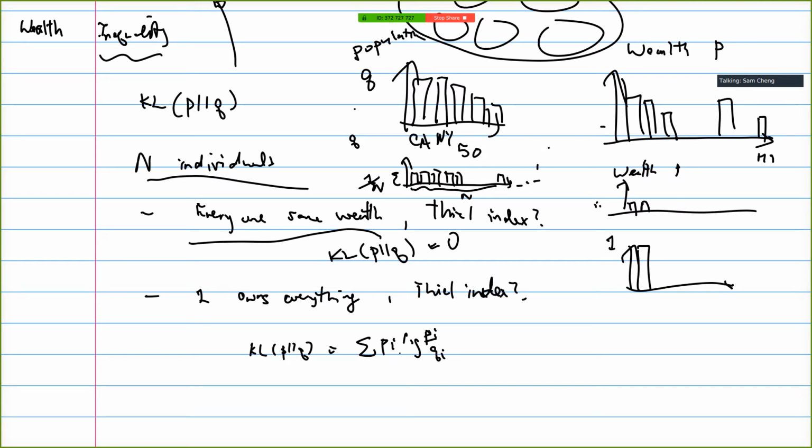But this sum will have only, without loss of generality, let's say the first guy owns everything, so there is just one term here. It's just equal to log 1 over q_1, because p_1 is equal to 1 and the rest is equal to 0. And of course, q_1 is just equal to 1 over n. So therefore, it's just log n.